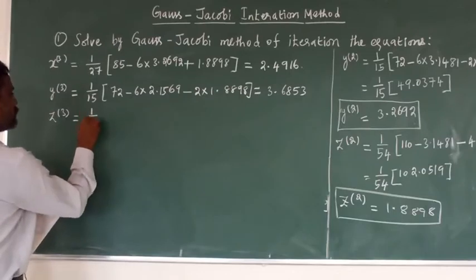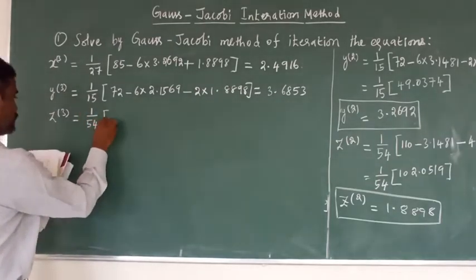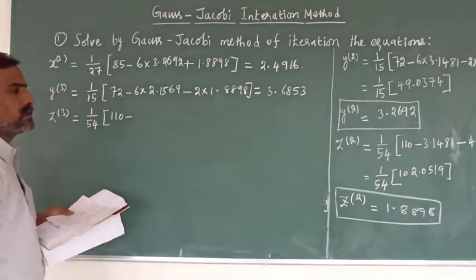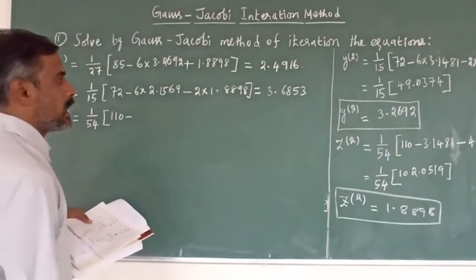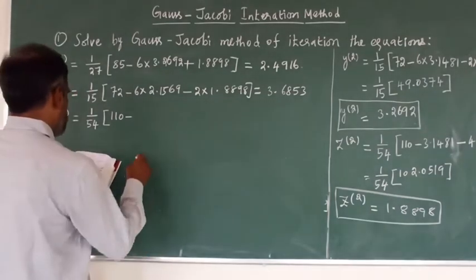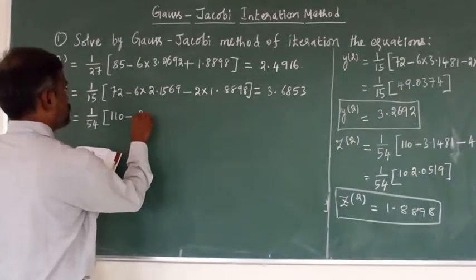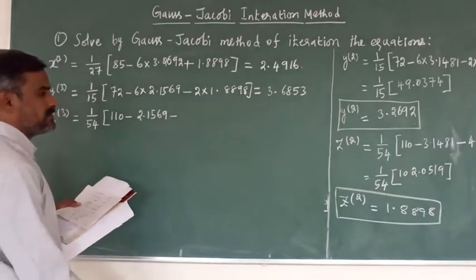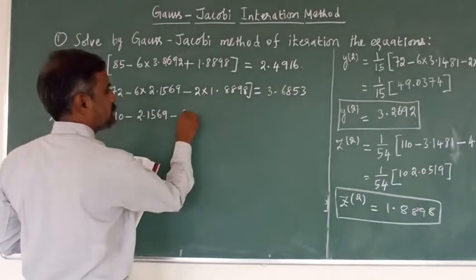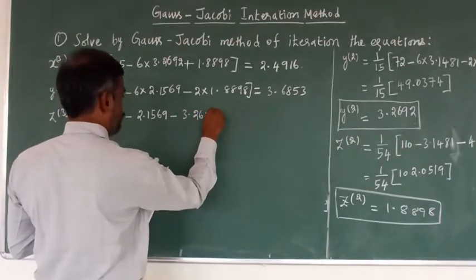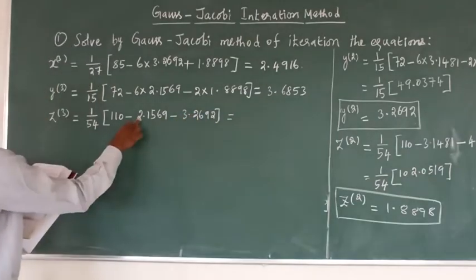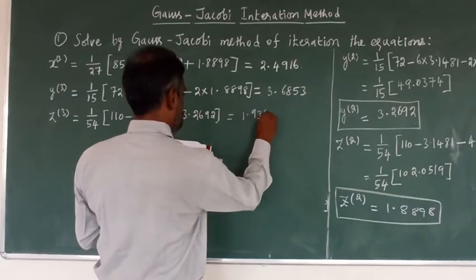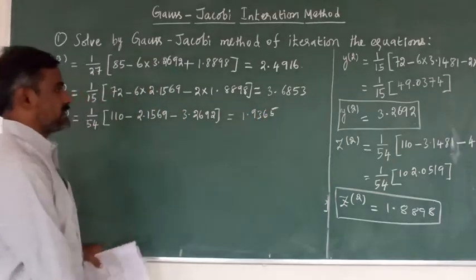Next, z3 = 1/54 (110 - x second iteration value 2.1569 - y second iteration value 3.2692). Simplifying, the result is 1.9365.